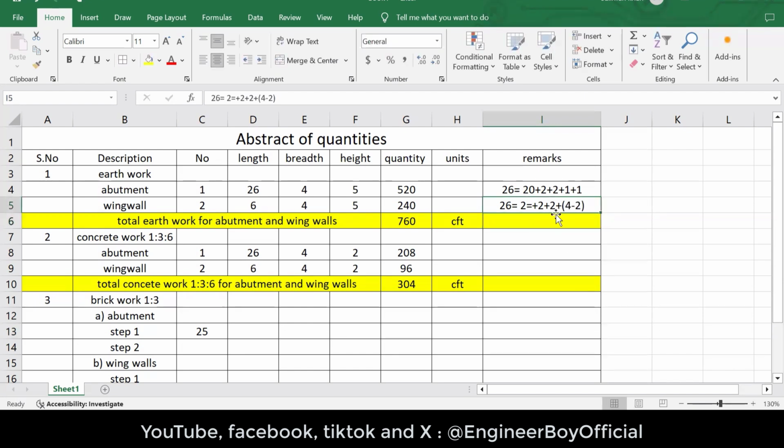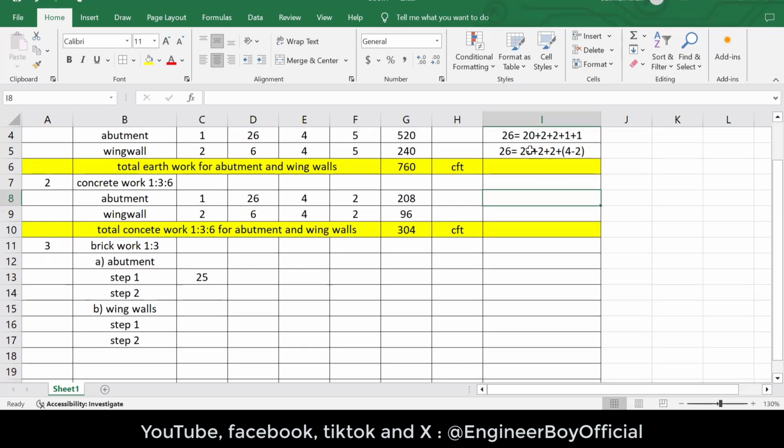So 20 plus 4, that is 24, and 4 minus 2, which is 2. 24 plus 2 is 26 again. It is the same thing over here, for this thing.